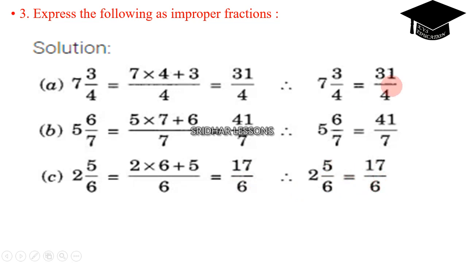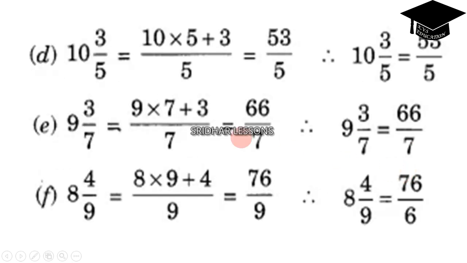What is the condition? Numerator is greater than the denominator. Next question, 10 3 by 5, 10 into 5 plus 3, 53 by 5. Therefore, 10 3 by 5 is equal to 53 by 5. Next one, 9 3 by 7, 9 into 7 plus 3, 66 by 7.